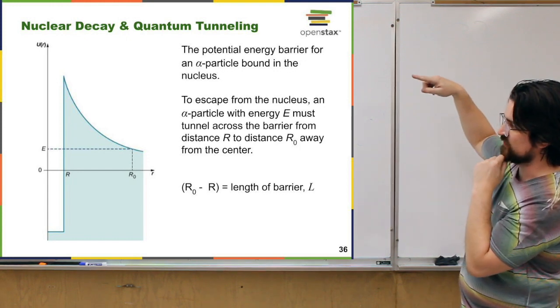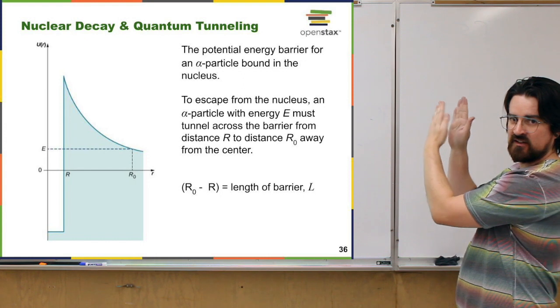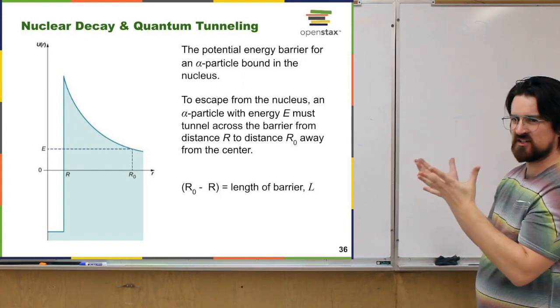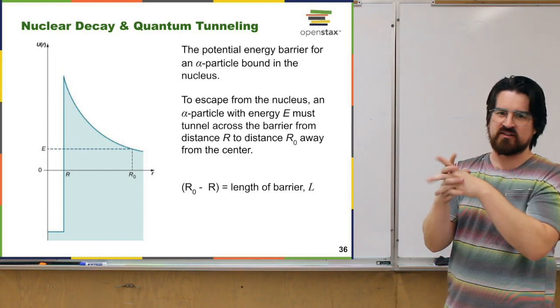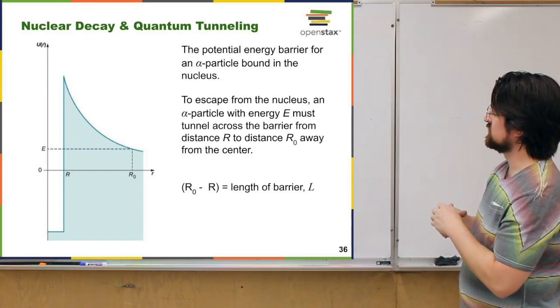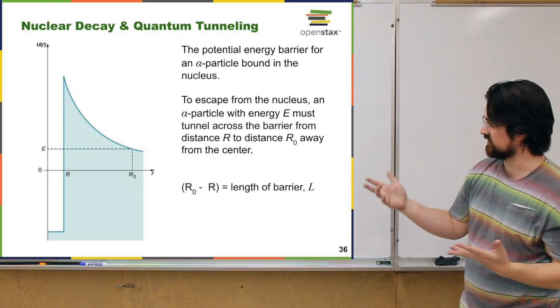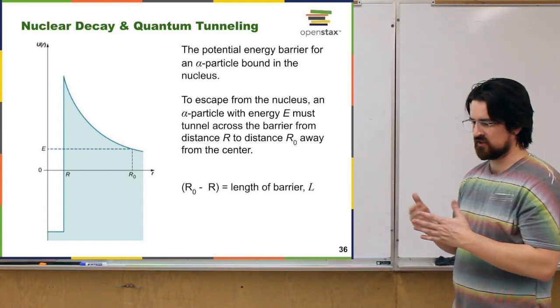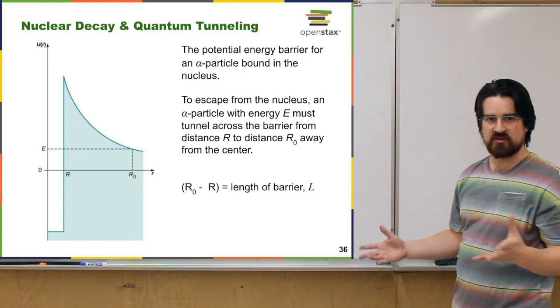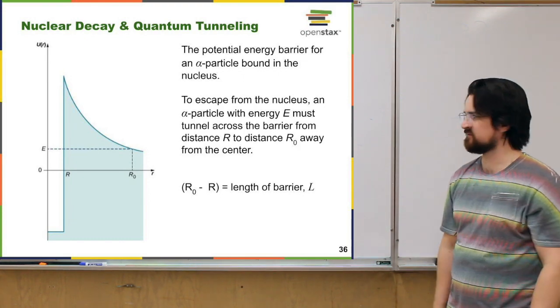So a higher energy level sees a shorter length to go across, which sort of makes sense. Higher energy stuff bouncing around inside the nucleus, more likely that it's going to be able to get out. So this quantum tunneling, or the likelihood that you'll get an alpha particle outside of this barrier, is directly related to decay properties like lifetime and half-life.